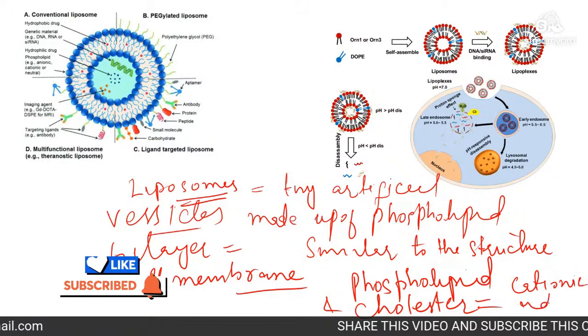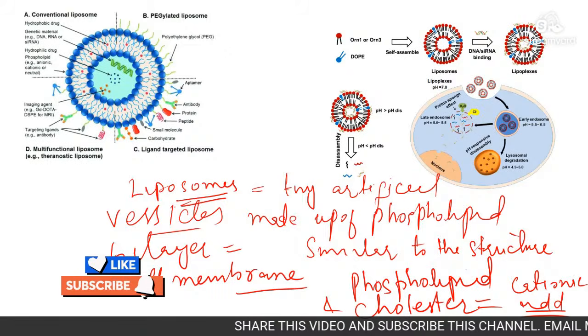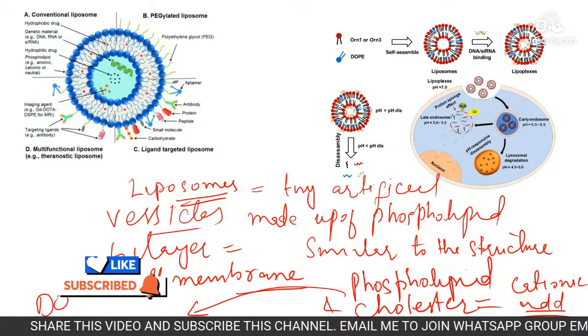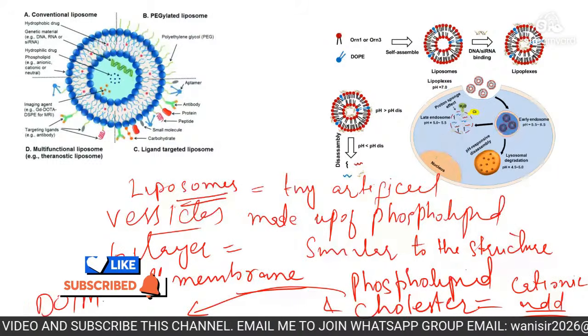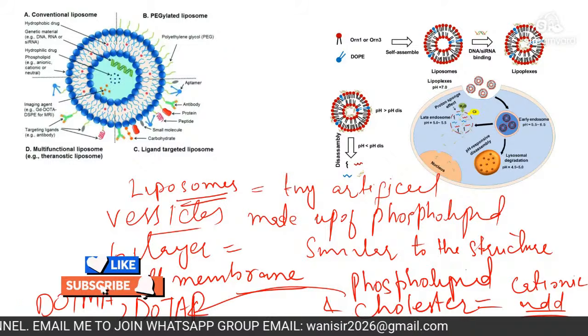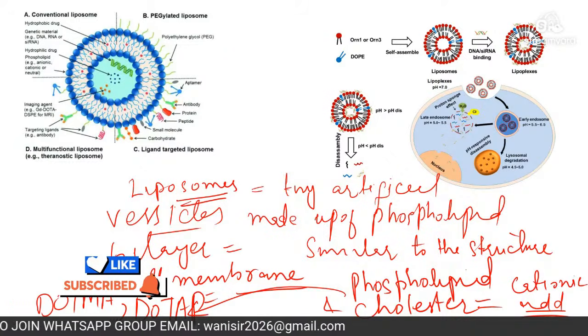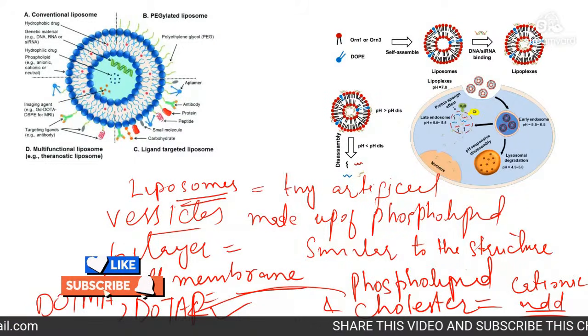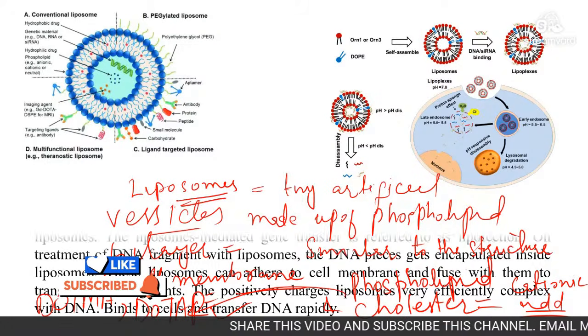What are the cationic lipids that we add to them? The cationic lipids are DOTMA and DOTAP. These are the two cationic lipids that you need to remember. What is the purpose of adding these cationic lipids?